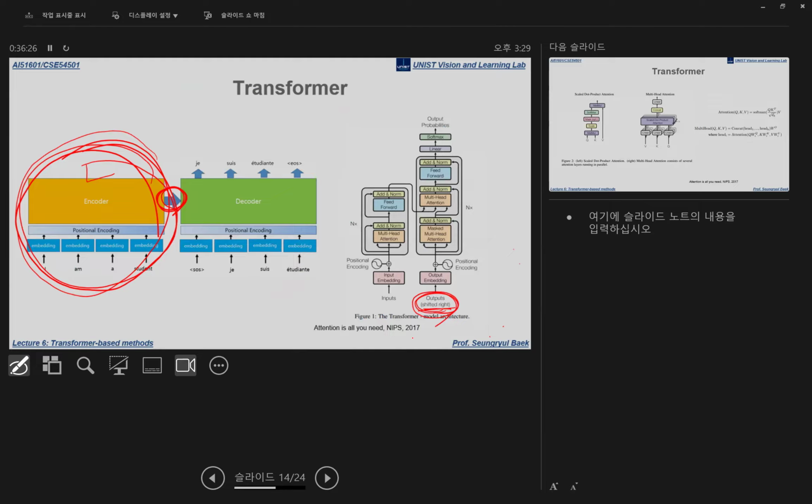So they are applied sequentially, encoding the output word and applying the positional encoding, and also these decoder inputs are transformed and applied with the attention mechanism.